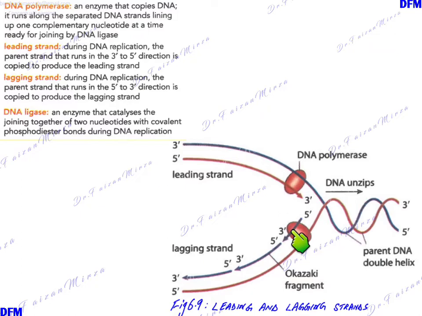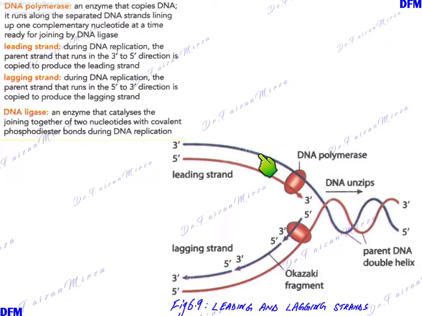So this is an Okazaki fragment complementary to this part, then this is an Okazaki fragment complementary to this part, and this is the Okazaki fragment complementary to this part of the DNA strand. Whereas the leading strand is a continuous strand.